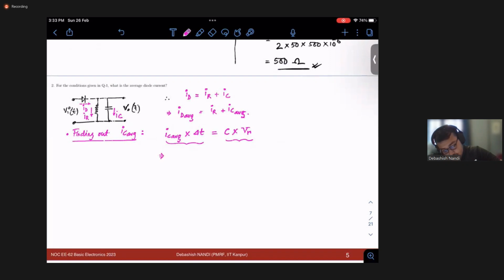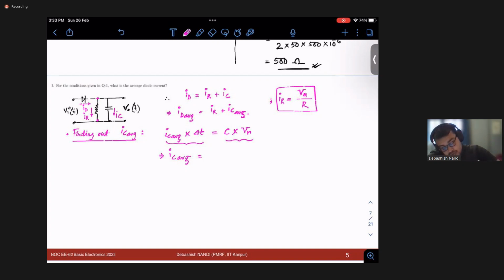So we need to find out IC average. IC average is nothing but C into VR by delta T, and your IR here is Vm by R. Let's remember this current, when the peak value is there, right? The peak value of the output voltage is Vm.